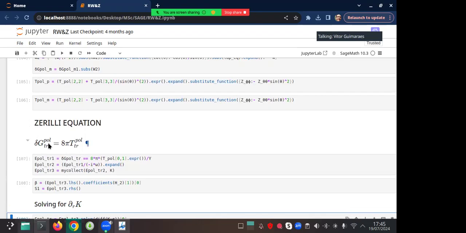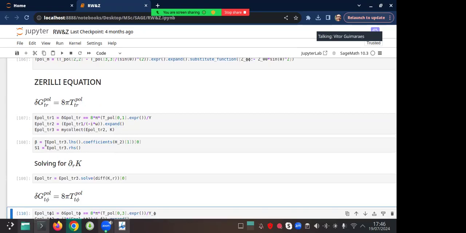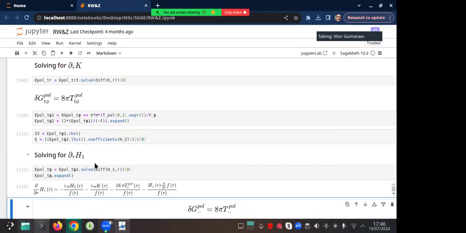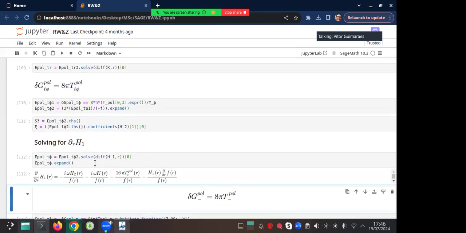The Zerilli equation, but this side will transform into a wave equation. So there's a very convoluted sequence of steps that you must take.